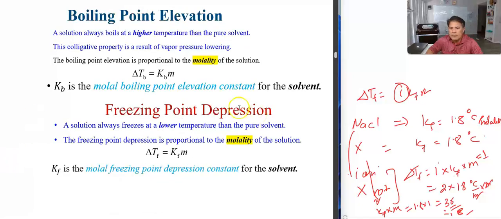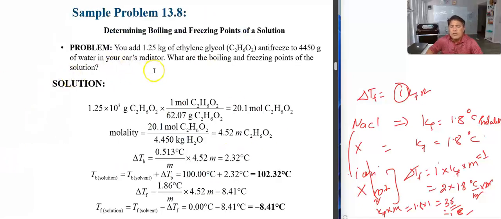Okay, so we have studied delta Tf. Now let's go to another sample problem: the boiling point and freezing point of a solution, where we will find the new values. You add 1.25 kg of ethylene glycol to 4450 grams of water in your car radiator. What are the boiling and freezing points?